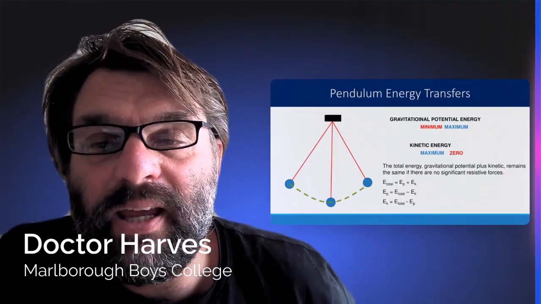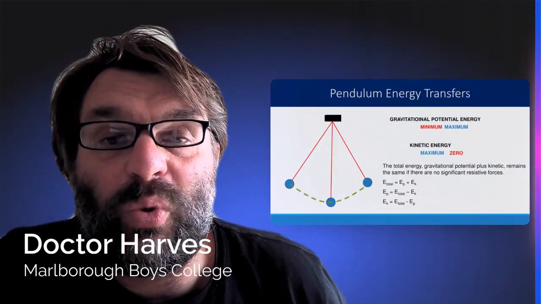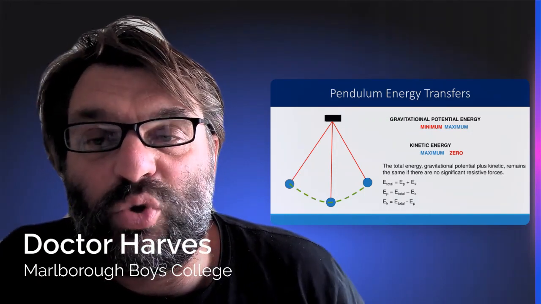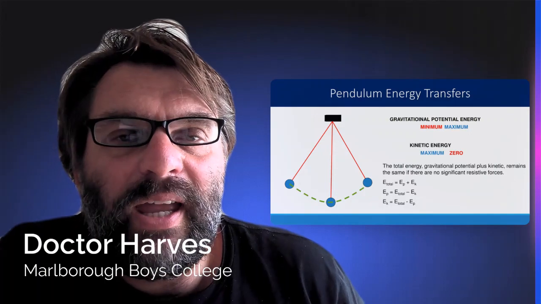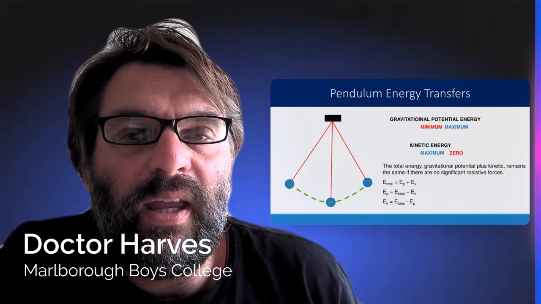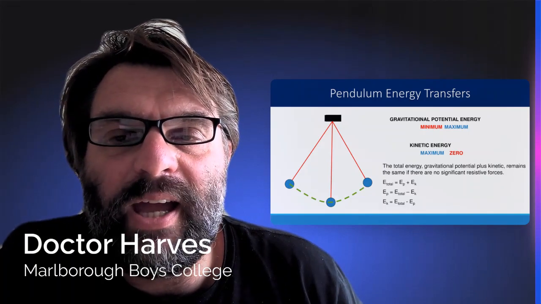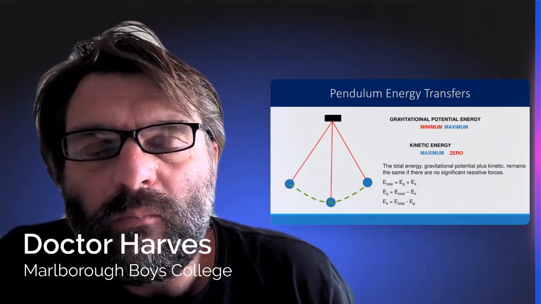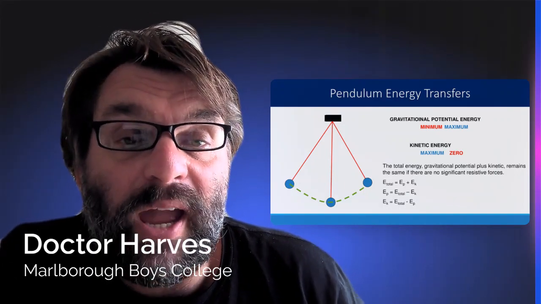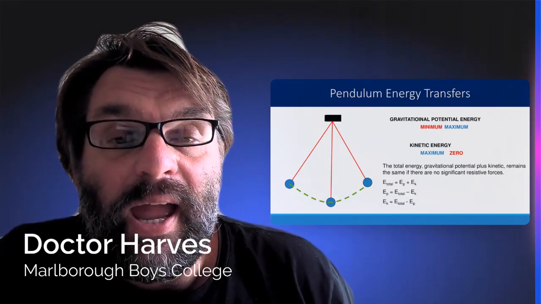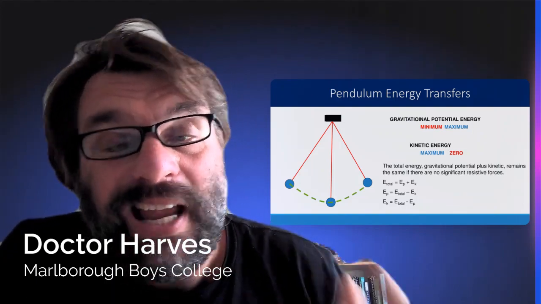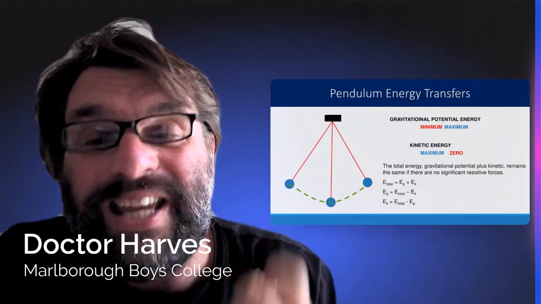So an example here of an energy transfer is between kinetic and potential energy, which is primarily what energy transfers you'll do in level 1. At the top of the pendulum, it's going to have maximum potential energy, and at the bottom it's going to have minimum potential energy, and all that potential energy is being converted into kinetic energy.